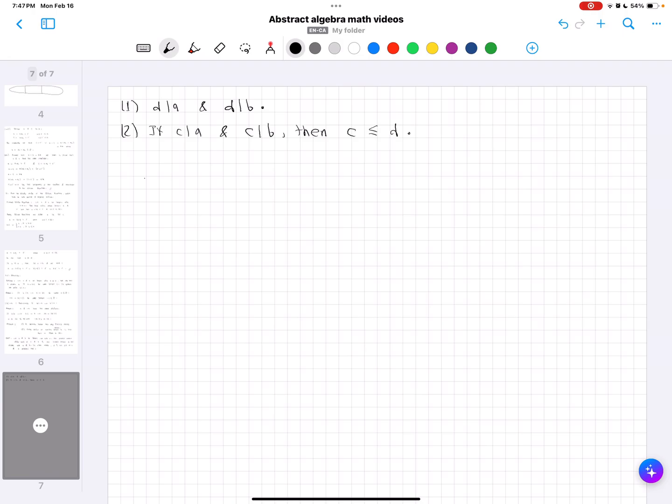The greatest common divisor of A and B is written as GCD of A and B, or just the bracket (A, B), or HCF of A and B. So that's common notation for it.